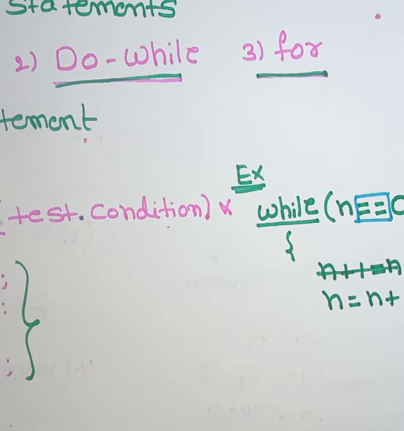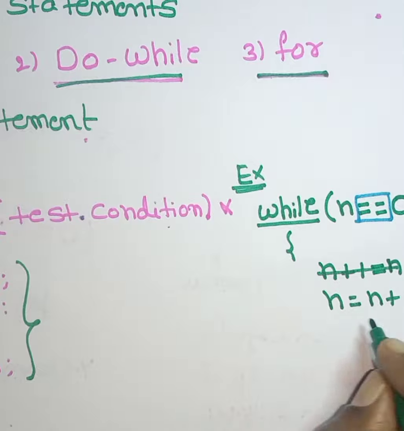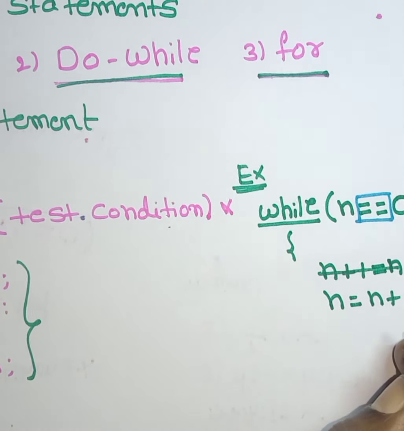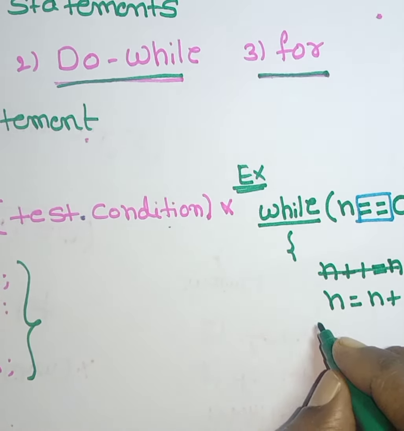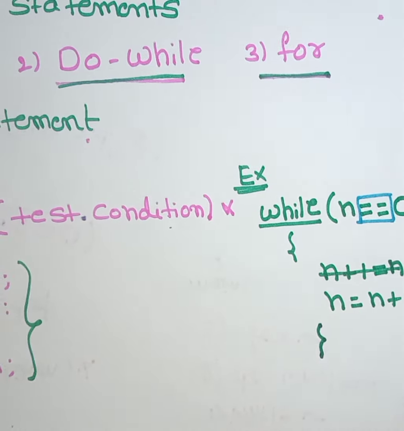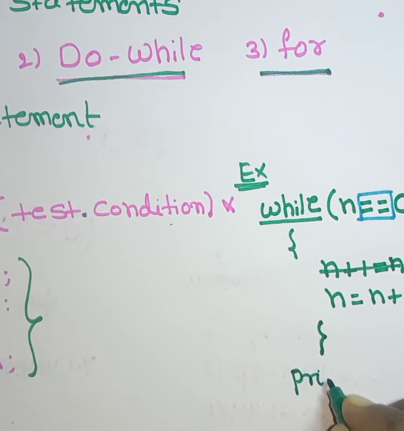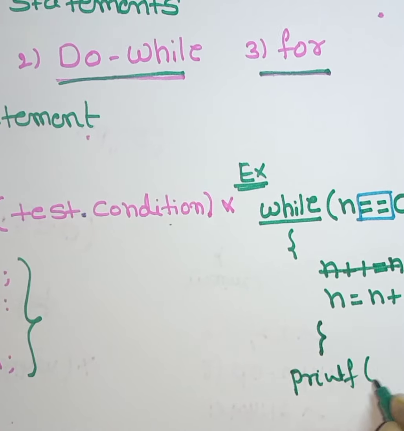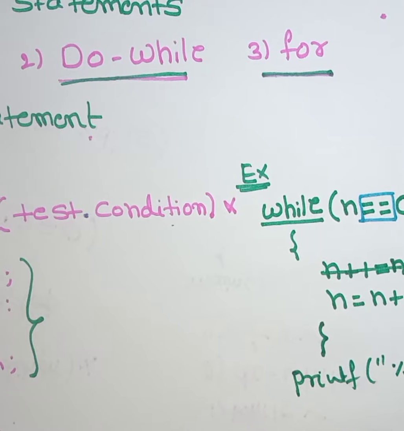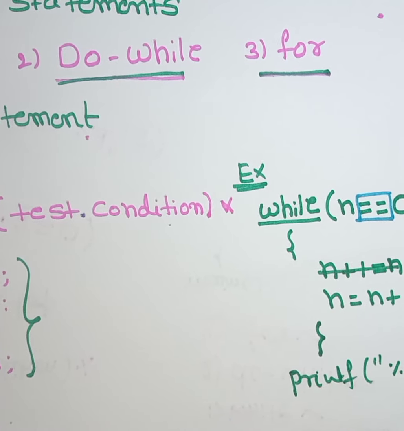In this way you have to write. Only one statement is required here. I am not interested in writing another one. So I am closing this, and afterwards I am going to write printf percentage d, n, and the semicolon.